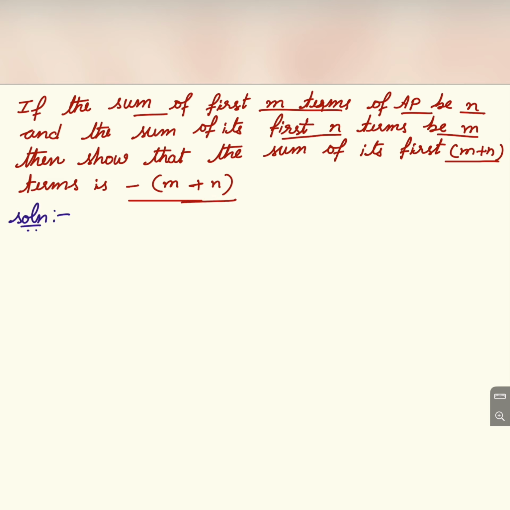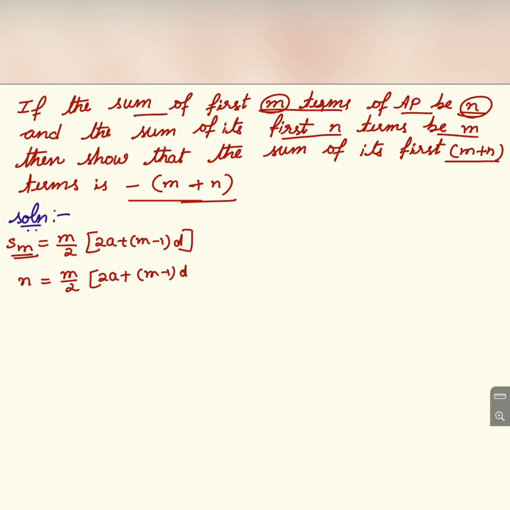Now they have given that Sm is equal to m by 2 into 2a plus m minus 1 into d. Sm is equal to n. So the sum of m terms is equal to n, which is m by 2 into 2a plus m minus 1 into d.